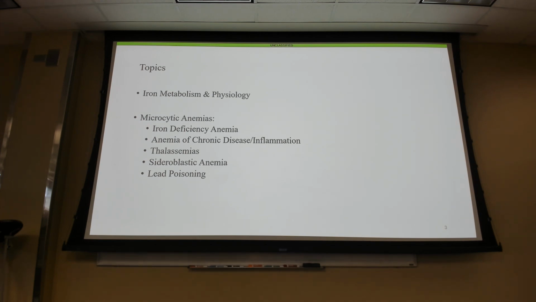So a little bit micro, a little bit normocytic. And we'll talk about that one specifically. When we get to chronic disease, because it starts out normocytic, normochromic, normal size, normal color, normal pallor. But if anemia of chronic disease goes on for a long time, it can become microcytic hypochromic.